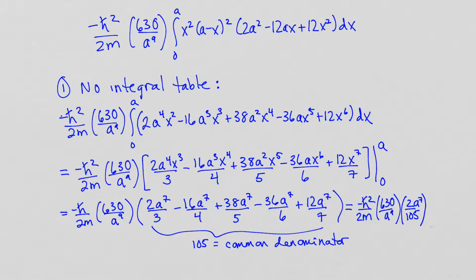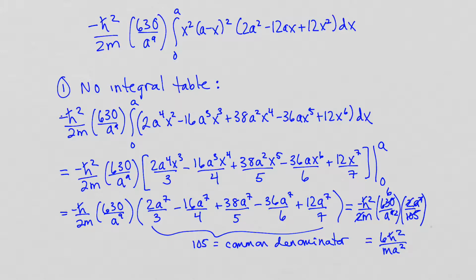Okay, so we'll just simplify ourselves a little bit. So those 2's are going to go away. We're going to end up with a squared on the bottom, and then that will cancel to give us a 6. And so then we end up with 6 h bar squared over m a squared.